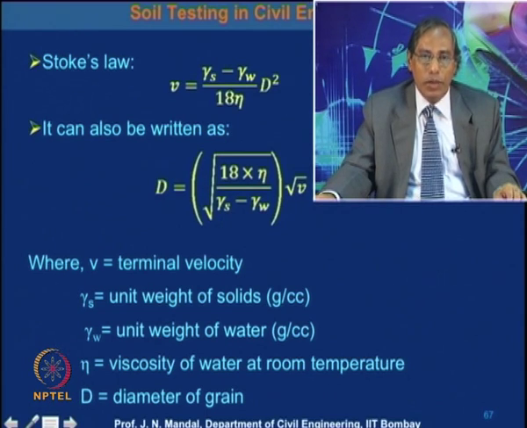Here v is the terminal velocity, gamma w is the unit weight of water in gram per cc, gamma s is the unit weight of the solid in gram per cc, eta is the viscosity of water at room temperature, and d is the diameter of the grain.